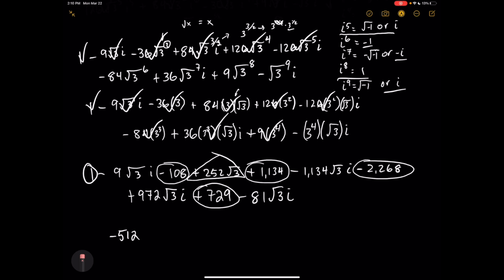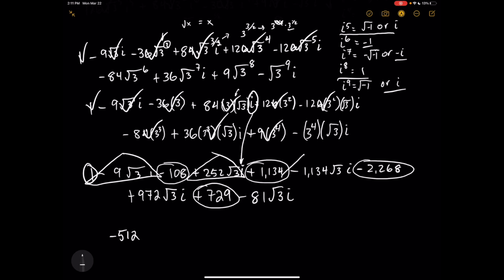I did not. This should have an i on it right up here. That should have an i on it, which means that should go to be an i as well. So now I only have two types of like terms, which is kind of handy.